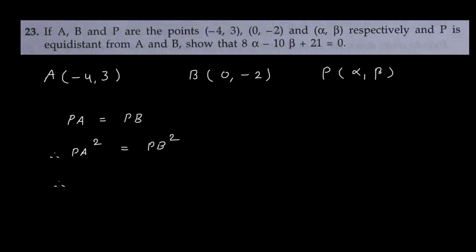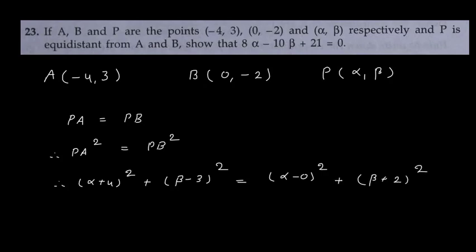So PA square, that means (alpha plus 4) the whole square plus (beta minus 3) the whole square is equal to PB square, which is (alpha minus 0) the whole square plus (beta plus 2) the whole square.